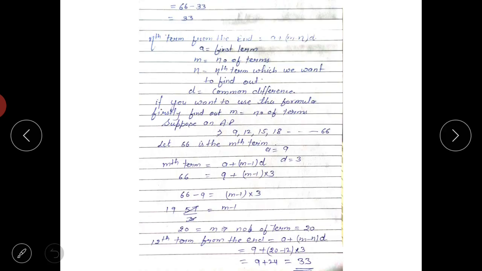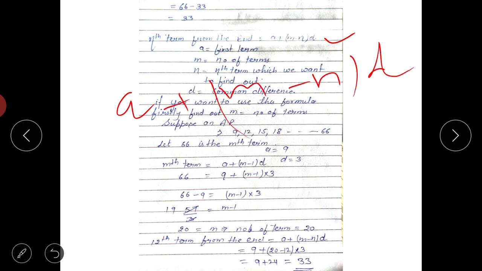The nth term from the end is a plus m minus n into d, where a is the first term, m is the number of terms, and n is the nth term which we want to find.